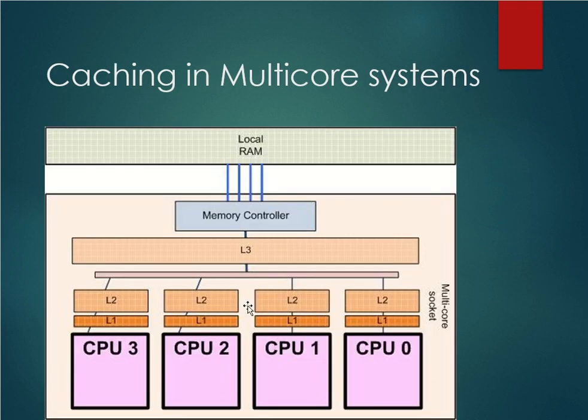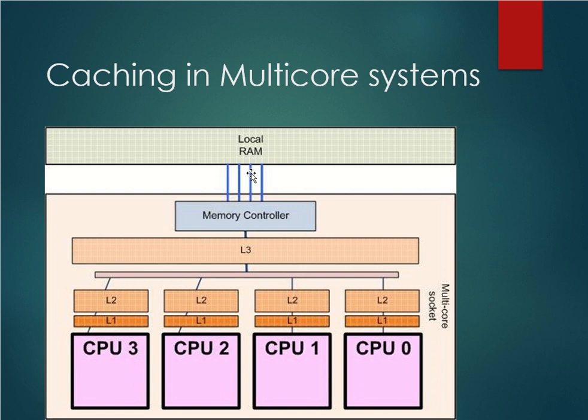And here I have 4 cores, that means 4 processors. Okay. Then up to level 2, they have their own cache levels, and level 3 is shared, and this is the RAM.